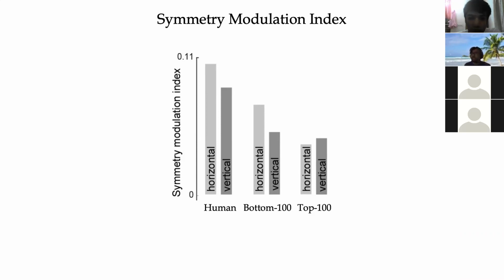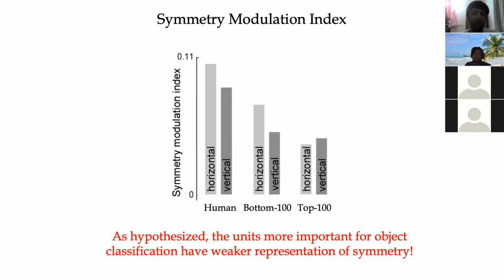They are much less sensitive to symmetry compared to human perception, or even the 100 least important units for object recognition. So as we hypothesized, the units that are more important for object classification have weaker representation of symmetry. This is one major insight that we got by poking around and looking at all the response properties of these units in a deep neural network and trying to see if they're related to how symmetry is being processed.